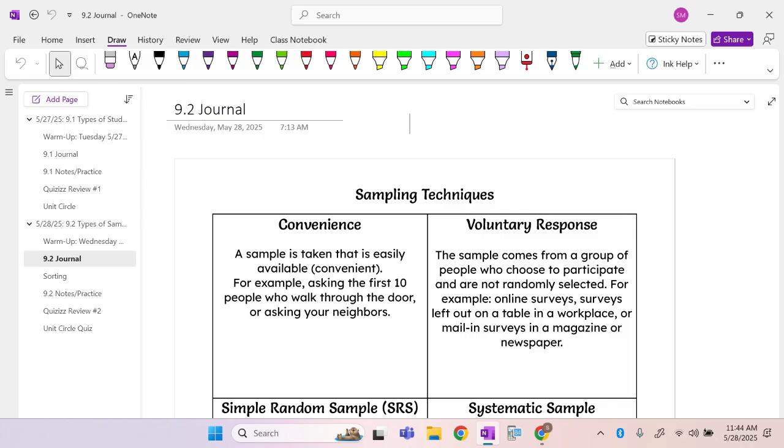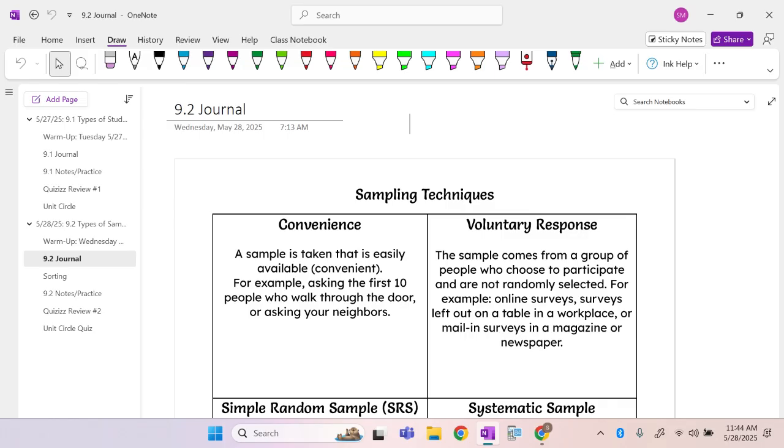Because remember, samples are a piece of the population, because to actually sample an entire population is near impossible. The closest thing to a full population survey is the census, and even then, there are still people who are unaccounted for.